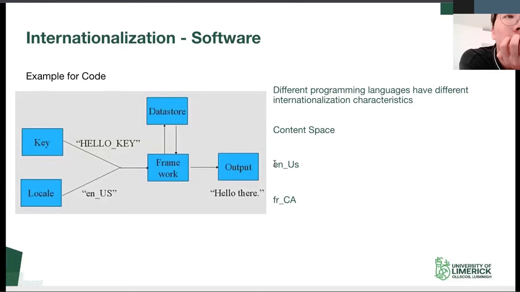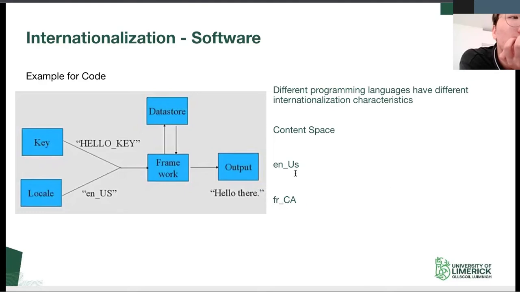Like in this picture, Java uses the two-letter lowercase language code, then an underscore, then the two-letter uppercase country code. You can see en underscore US represents American English. Output is hello there. And fr underscore CA stands for Canadian French.